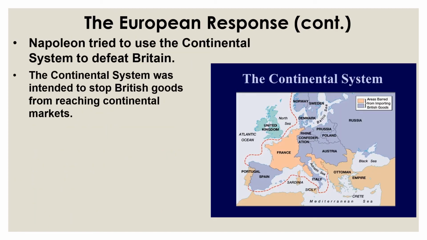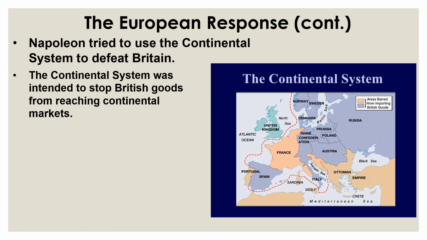So Napoleon will try to use the continental system to defeat Britain. Now this would hit Great Britain in its pocketbook, basically. The continental system was intended to stop British goods from reaching continental markets within Europe.